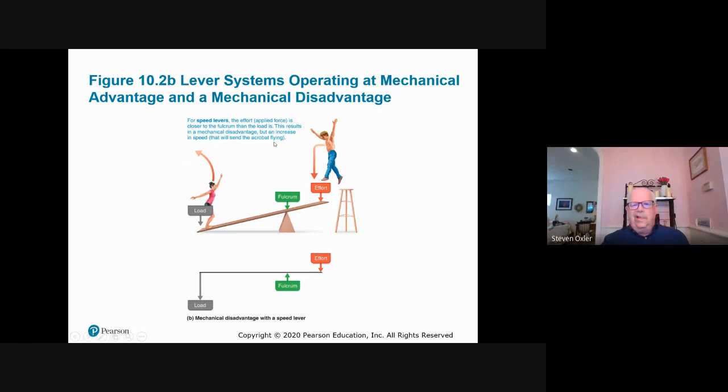This results in a mechanical disadvantage, but an increase in speed. So you can see it here. Here's the load, here's the fulcrum, and the effort is closer to the fulcrum. A mechanical disadvantage, otherwise known as a speed lever.